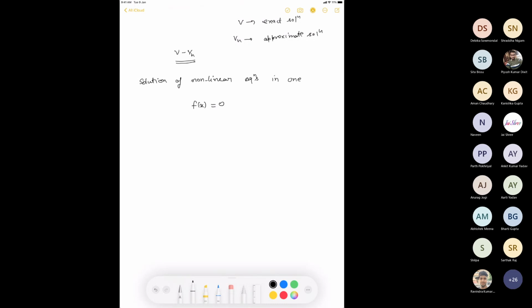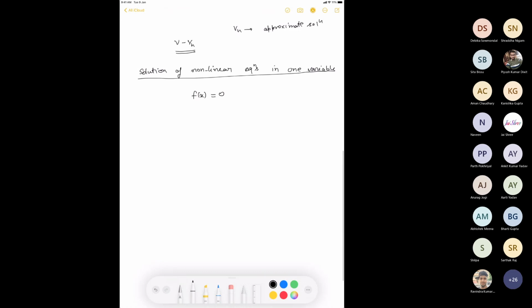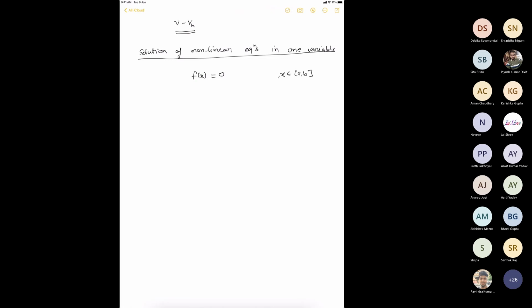I'm just considering the one variable case, and let's take that we are looking for the solution in the interval [a, b].